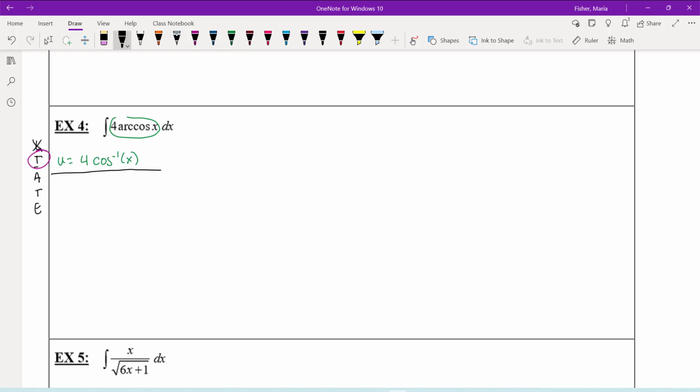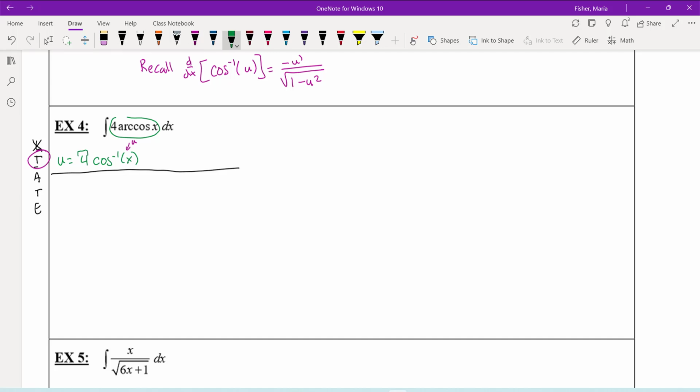Now we need to find the derivative. Well, recall that the derivative of the inverse cosine of u, so we'll do it more in general, is equal to negative u prime over the square root of 1 minus u squared. So in this case, my u is going to be x.